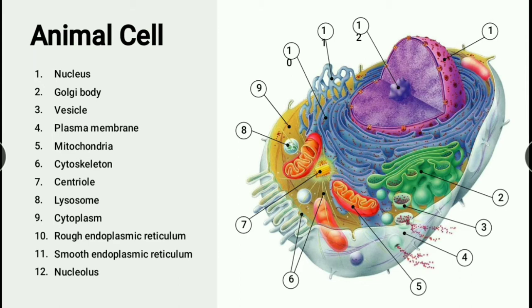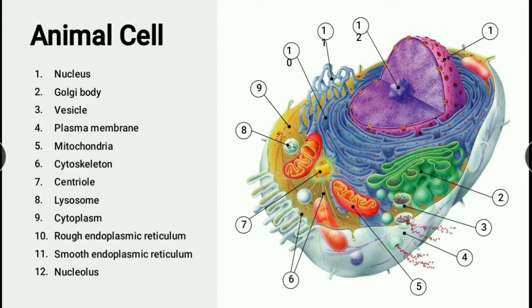So, understood? Now what I have done is tell some differences between plant and animal cells before going on to explain the cell, so that it will be very clear to you. What was the first difference? In the animal cell there is no cell wall, whereas in the plant cell there is a cell wall. In the animal cell there is no chloroplast, which has the pigment called chlorophyll, whereas in the plant cell there is a chloroplast which contains the pigment chlorophyll.